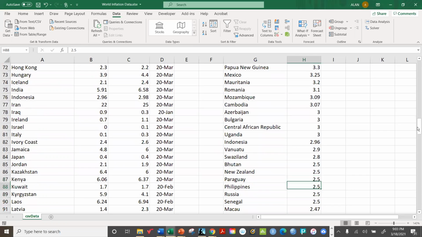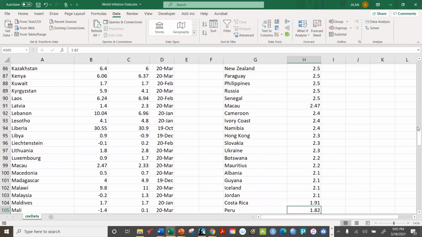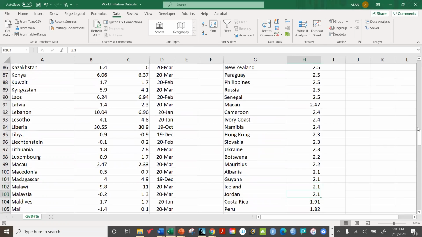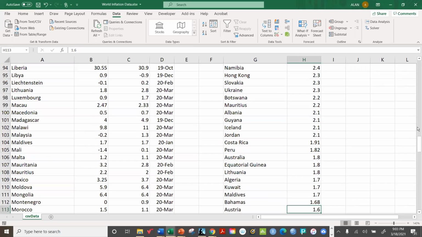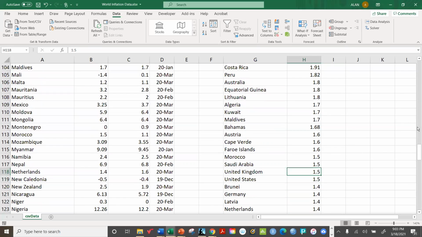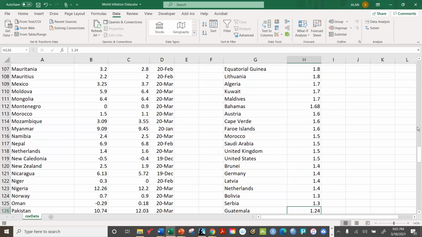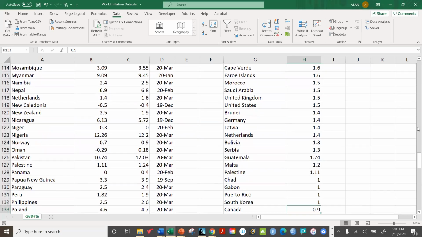New Zealand, 2.5%. Even Russia is only at 2.5%. That's surprising. Wow. Iceland, 2.1%. United States, 1.5%. United Kingdom, 1.5%. Germany, 1.4%. Netherlands, 1.4%. So this is one of those times where most countries have relatively low inflation rates.